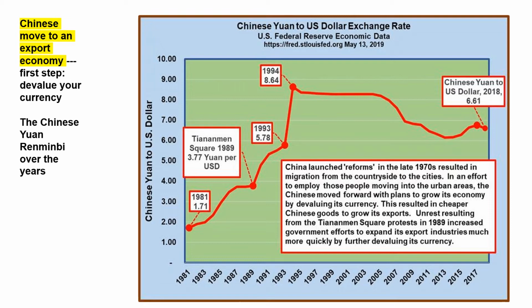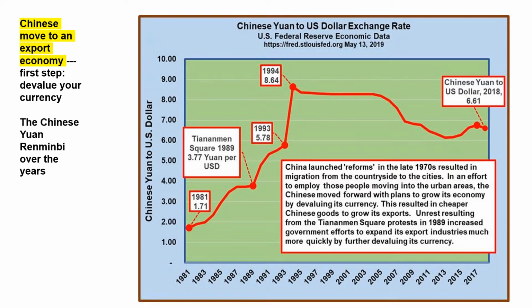They purposely have done that. The central Chinese bank has done it by supplying more yuan, making it relatively cheaper compared to the dollar.